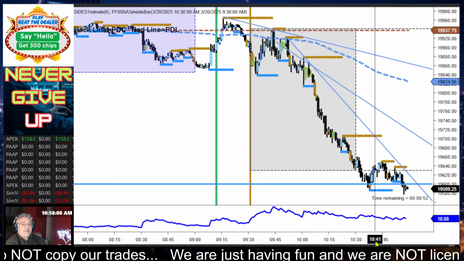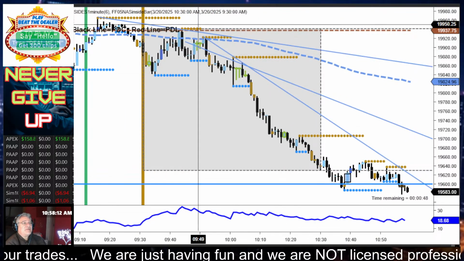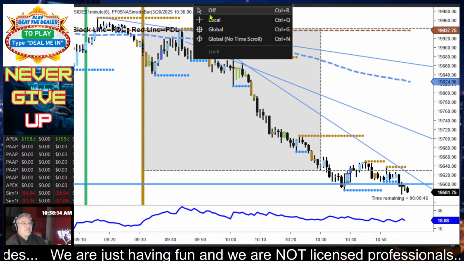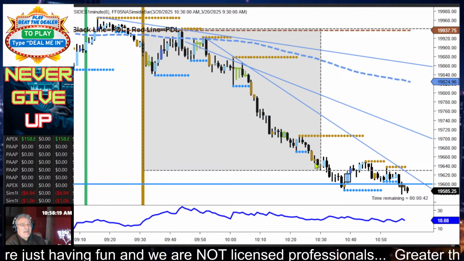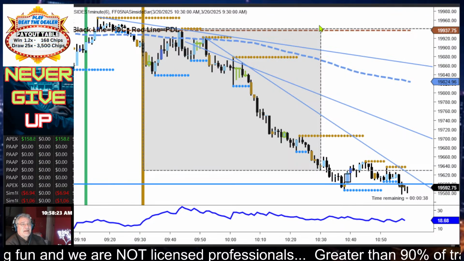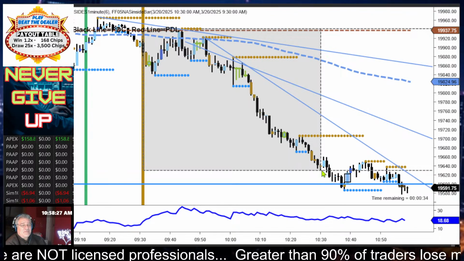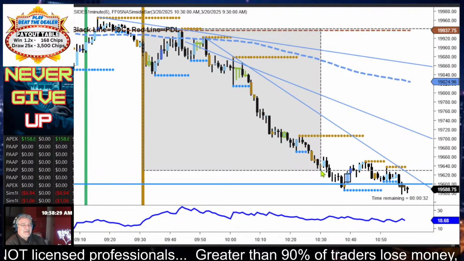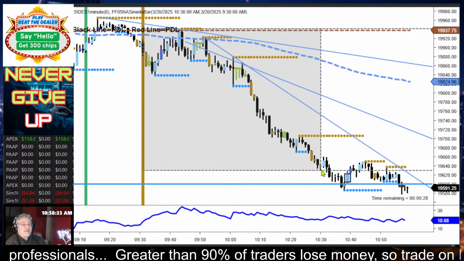Yeah, you were saying a big wash if we can clear it out. I don't know if you heard, I was saying that one of the observations I've made over time trading futures is that the initial balance is the first hour of trading, marked off by this gray box here. When we're right at the forming of the initial balance, if we're at the low or at the high, it's usually a continuation day.